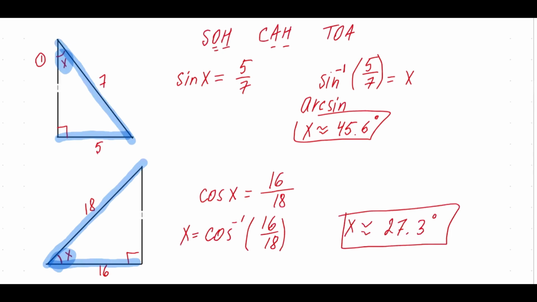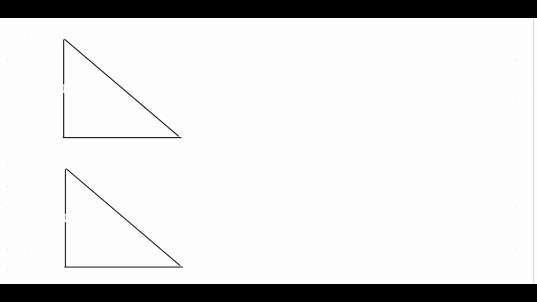Let's try one more. Actually, we have two examples. I'm going to use the same angle and the same numbers. But here, I'm going to use 6 as the opposite leg and 7 as the adjacent leg, and in this picture, I'm going to use 7 as opposite and 6 as adjacent. Let's see if we get different results.